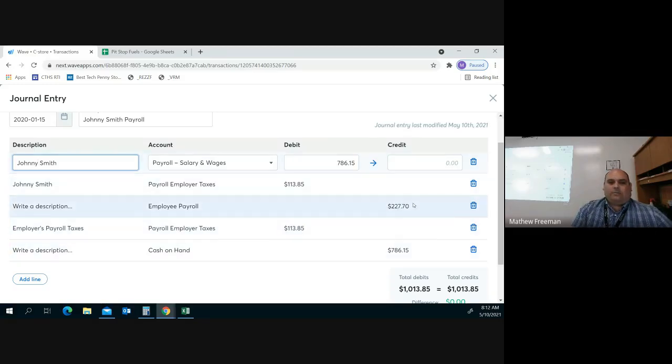And then employee payroll we're going to credit because that's the liability account. So the amount that we end up debiting here is going to end up going into our liability account. And then cash is the amount that Johnny's actually going to get on his paycheck right here, $700.